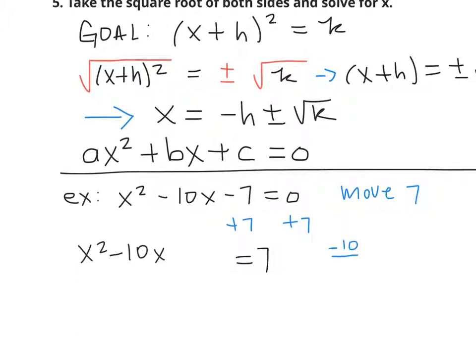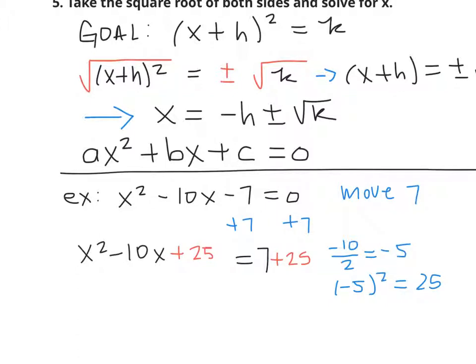In this case, it's negative 10. Divide that by 2. We get a negative 5, and take negative 5 and square it. That gives us 25. So we take that 25, we're going to add it to both sides of the equation. If we do the same thing on both sides, we keep the equal sign.